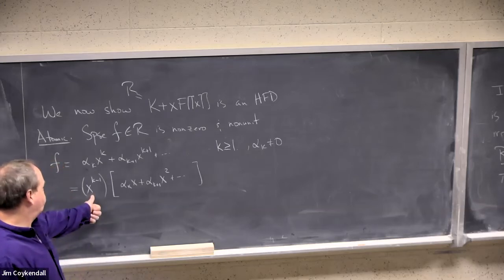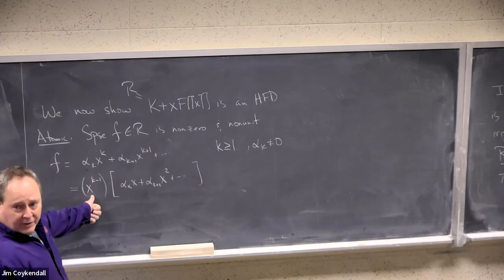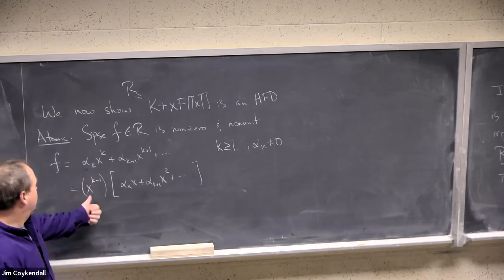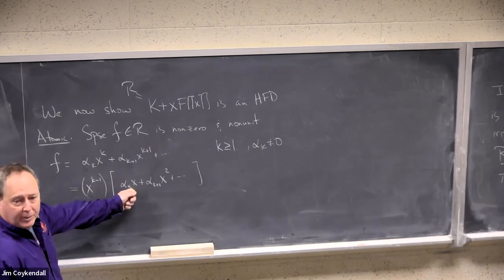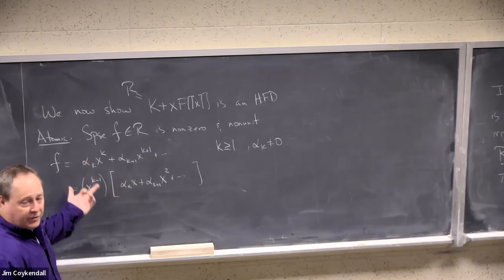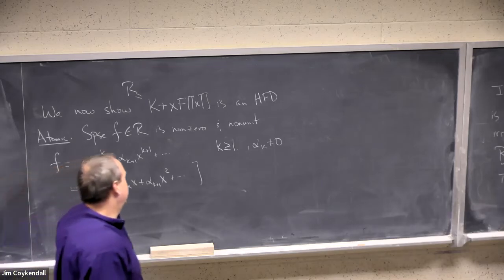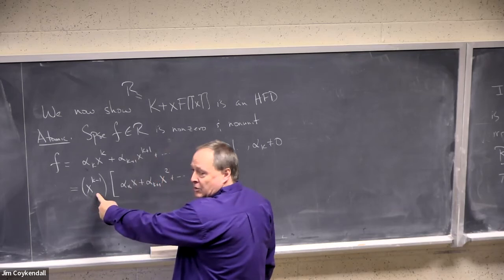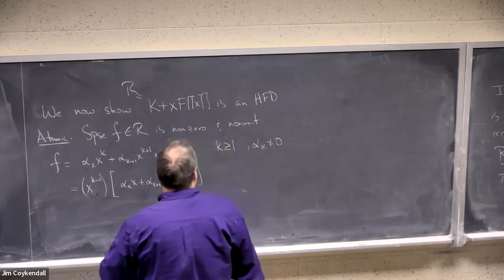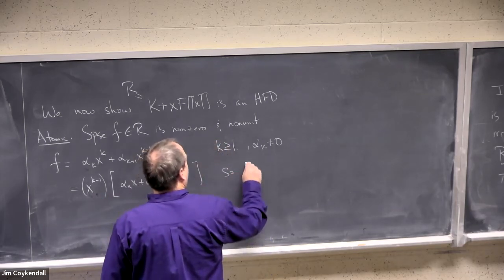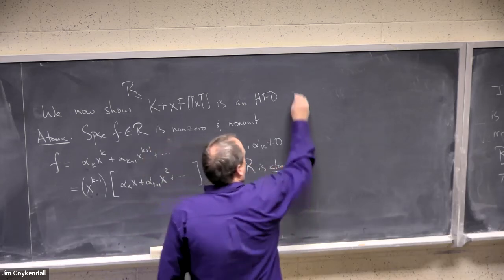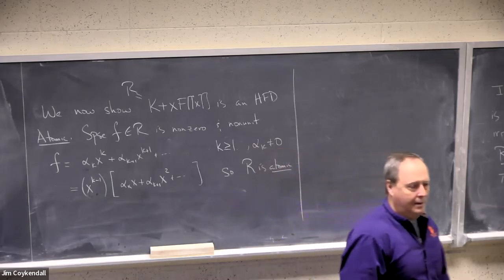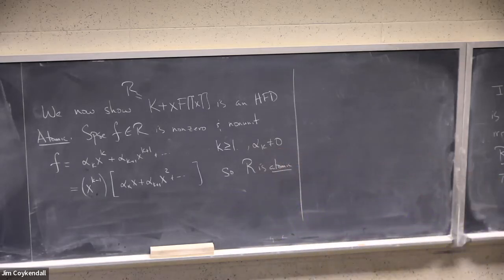Notice that this is either a product of irreducibles, each x is irreducible by our earlier arguments, or in the extreme case of k is one, this is a unit, but in any case, this is irreducible as well. So now we have shown that F is actually a product of irreducibles. This is either a unit or k minus one irreducibles, and this is an irreducible. So, R is atomic. And now, all we have to do is count the factors.